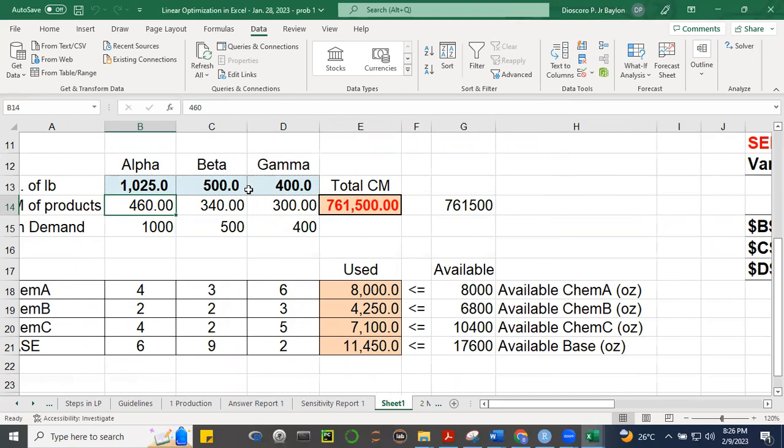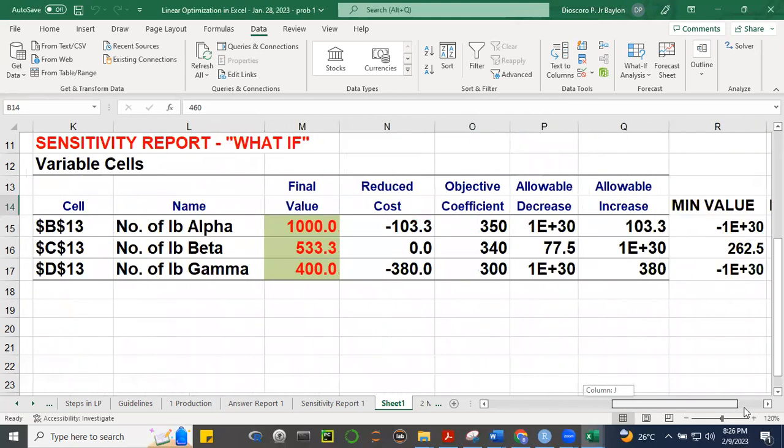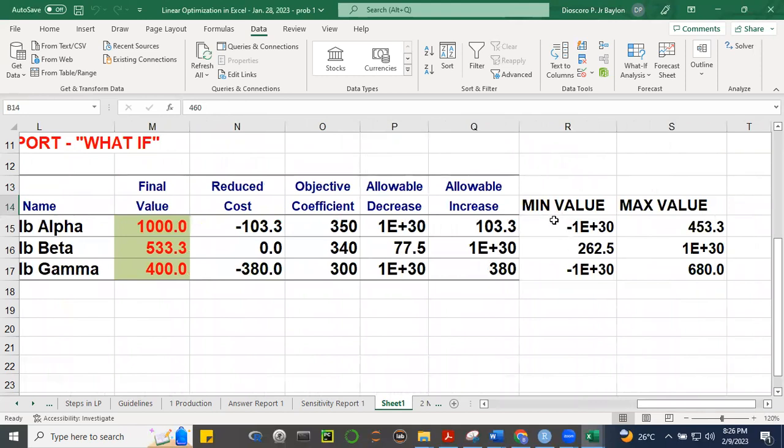More than beta and gamma. Right? You can see now that within this lower and upper bound, your optimal solution will not change. Okay? If you change the objective coefficient within these values, then your optimal solution does not change.